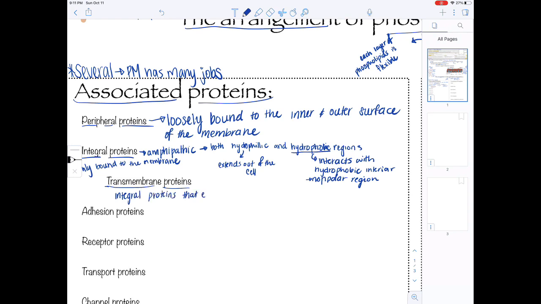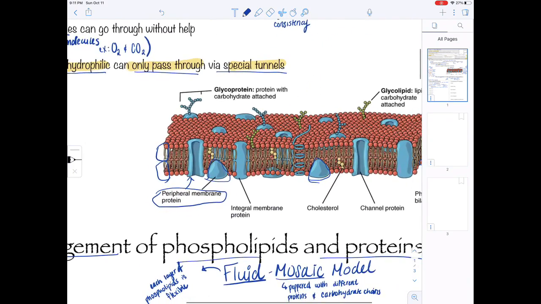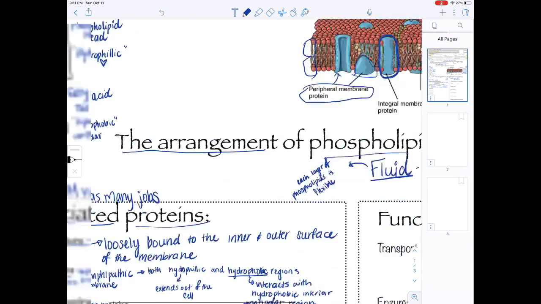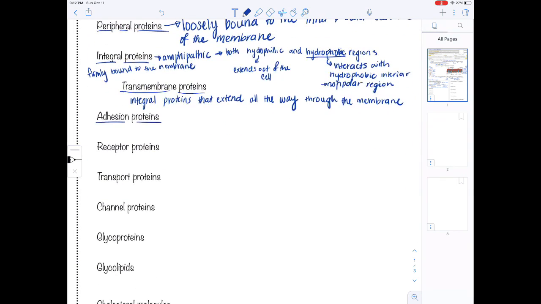Now, transmembrane proteins are integral proteins that are going to extend all the way through the membrane. Okay, so if it's extending all the way through, like we see on that picture, that is our transmembrane integral protein.